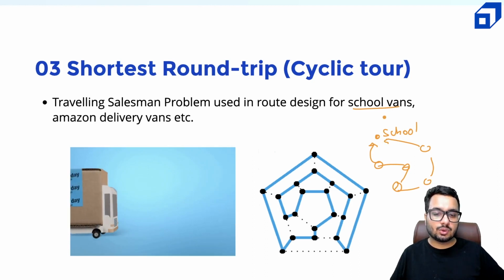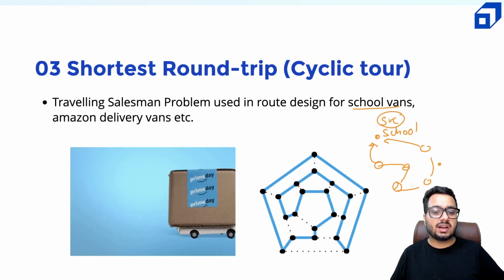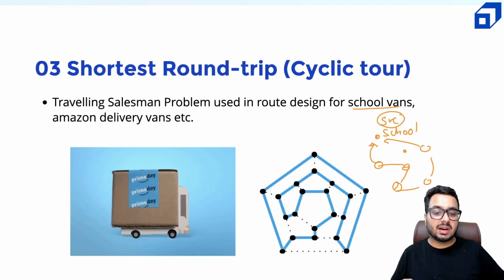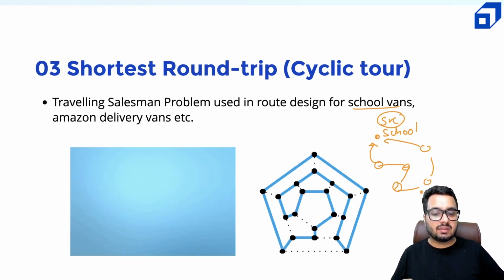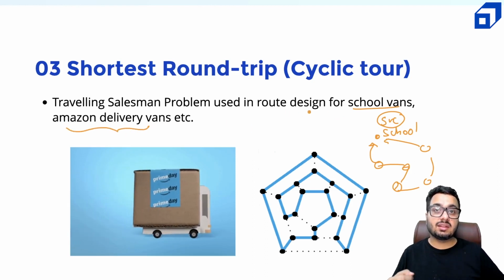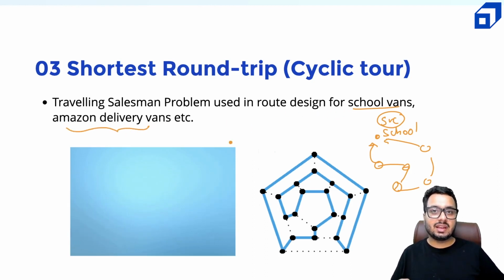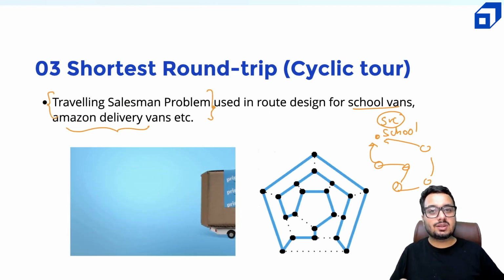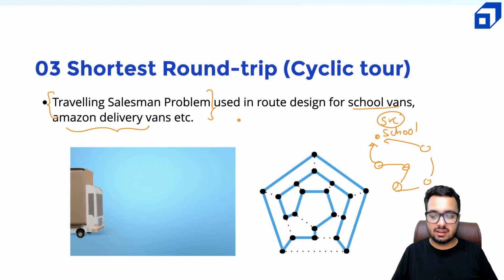We are coming back to the source by covering all the points in the city where we need to drop the children. Now it is possible that multiple routes can be devised, but we want to devise a route which costs minimum. Such route design can be used for Amazon delivery vans and for school vans, and this is a very famous problem in graphs called the traveling salesman problem. We will also discuss this problem in the coming series.